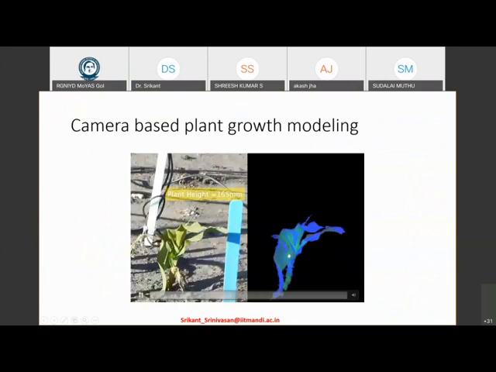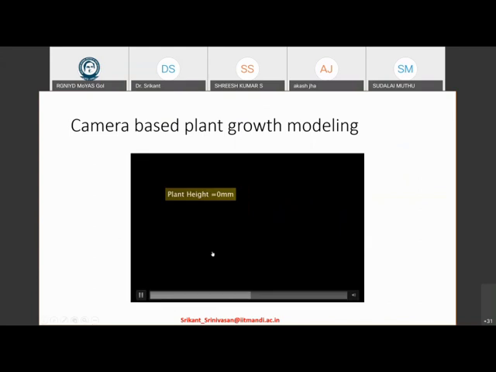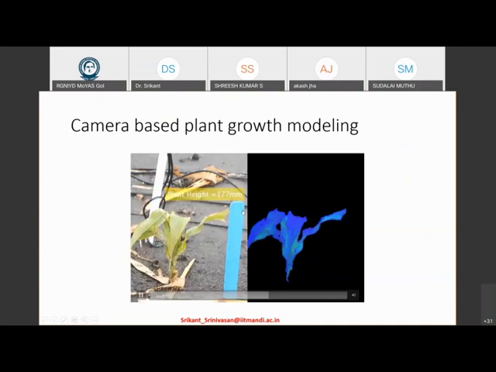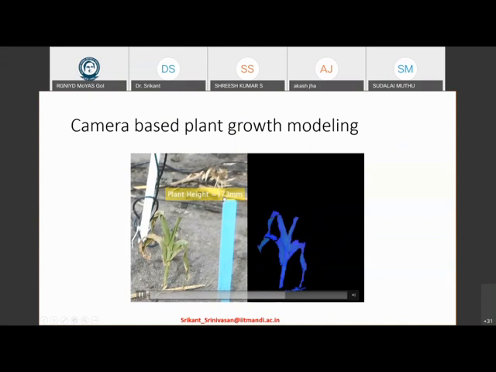I'm measuring the volume of the plant, or how much pixel area is covered by the plant. You can see that number reflected in the box over here. As the plant is growing, I'm able to count the total pixel area of the plant.